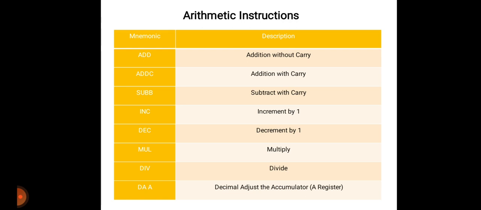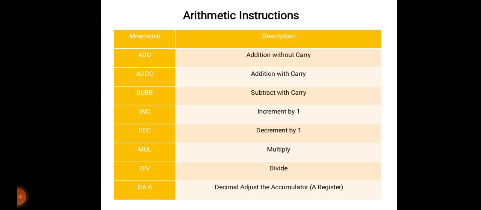Using arithmetic instructions you can perform addition, subtraction, multiplication and division. The arithmetic instructions also include increment by 1 and decrement by 1, and a special instruction called decimal adjust accumulator. We will see how that works.